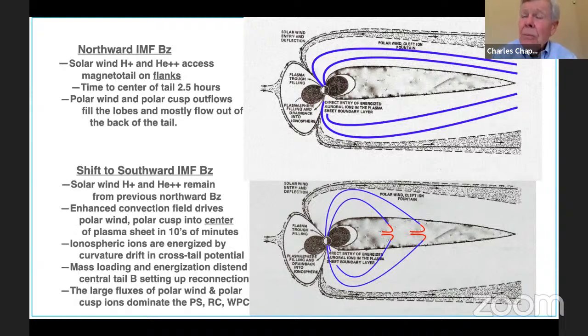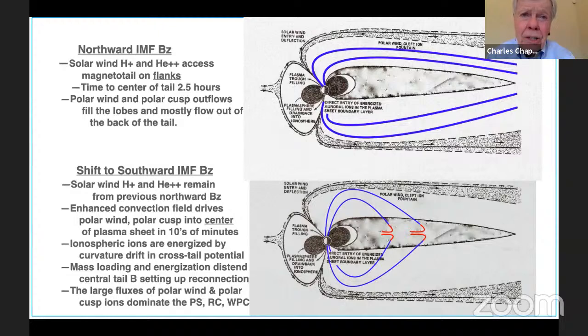You want to be up above the F region, because you want to see polar wind, which is coming out of the F region. You want to see the effects of the strange wave particles, the particles that are energized by precipitating electrons and protons in the auroral zone, by solar wind precipitation in the polar cusp. You'd want to measure all of those.